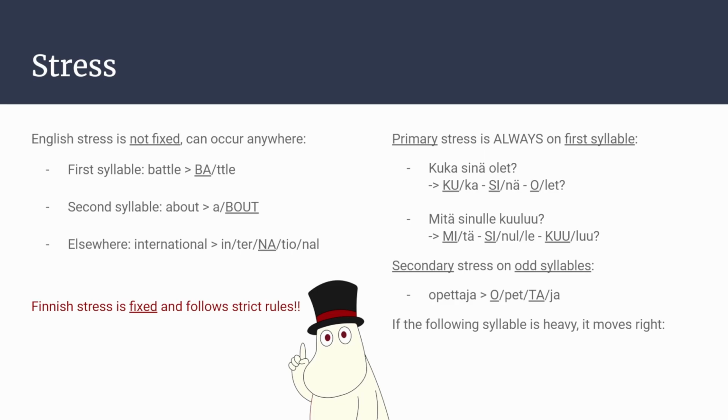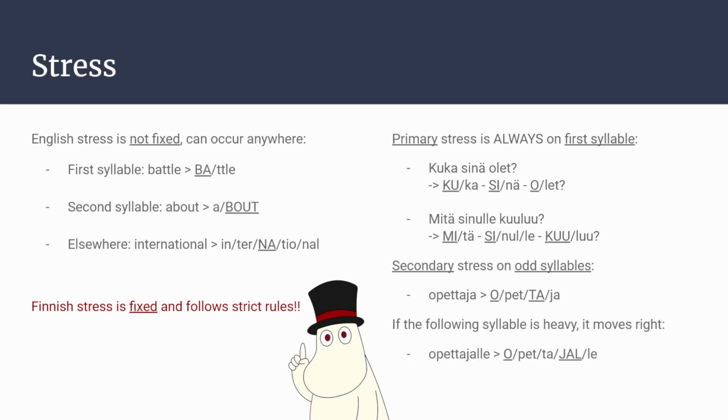The secondary stress does change if the following syllable is heavy. So what do we mean by heavy? We mean that the syllable either has a long vowel or it ends in a consonant. And if what would normally be the secondary stress is followed by a heavy syllable, then the stress shifts to the right.